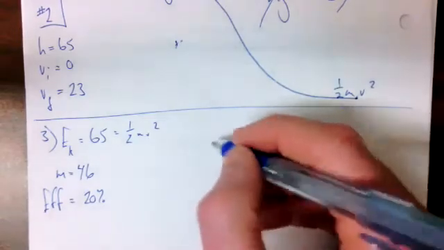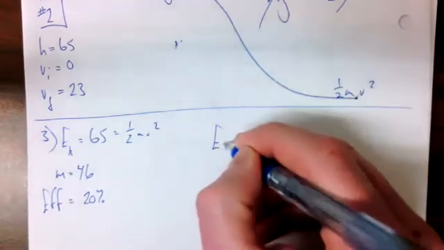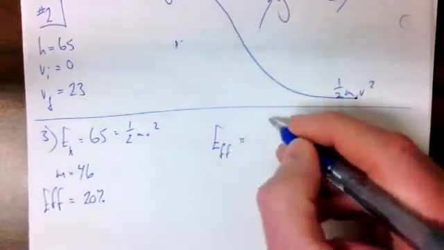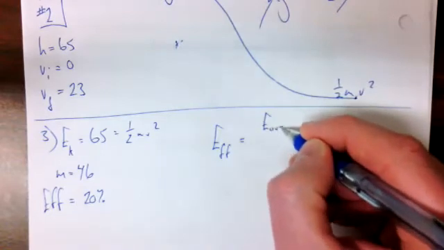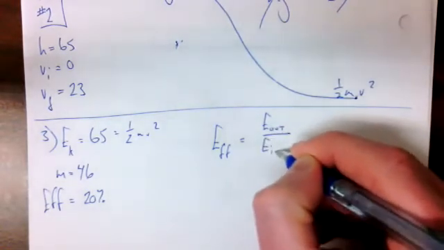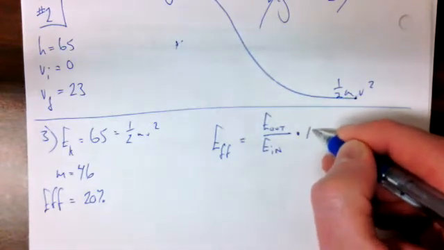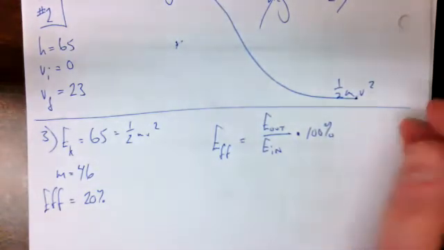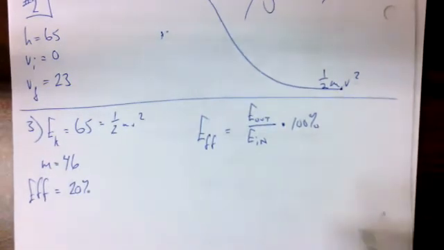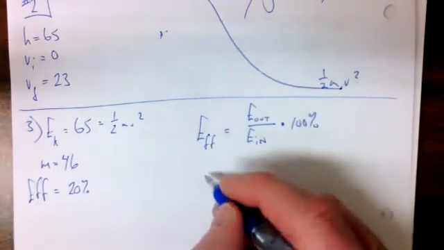Okay, so efficiency is energy coming out divided by energy put in, times 100%. So we're going to put some numbers in. Efficiency is 20%.